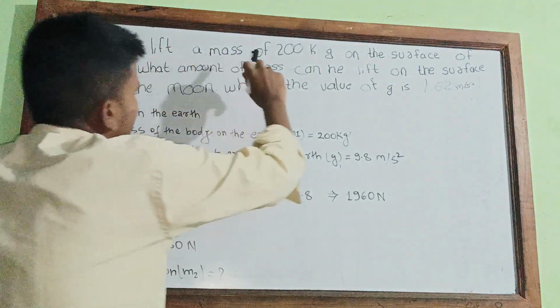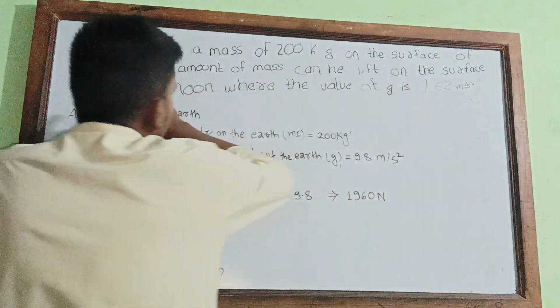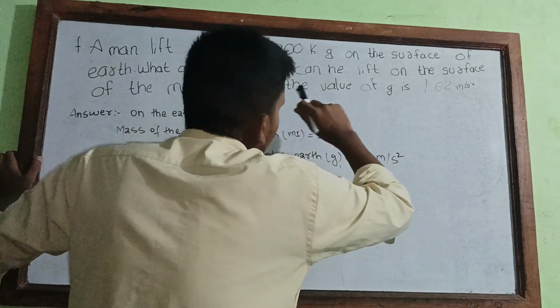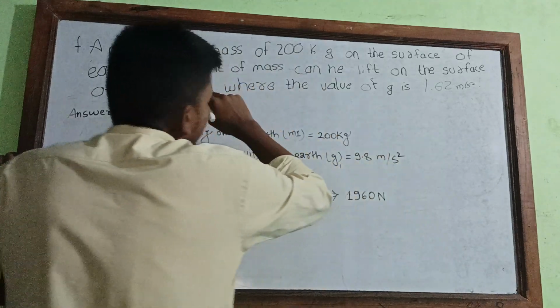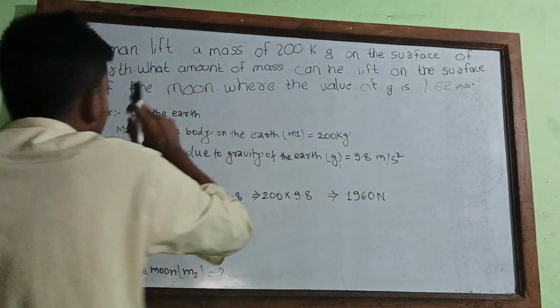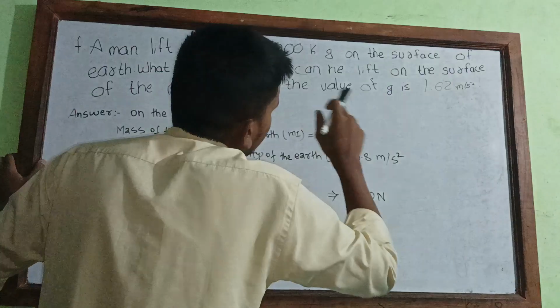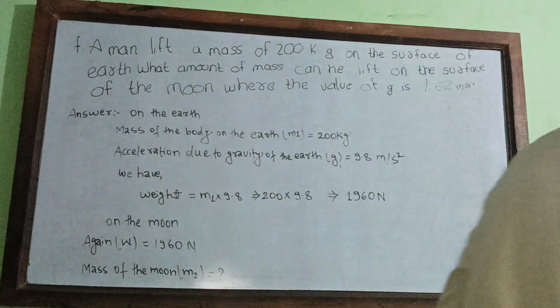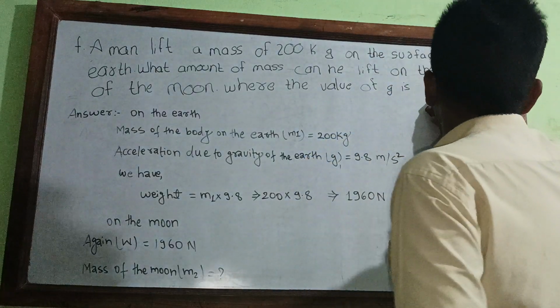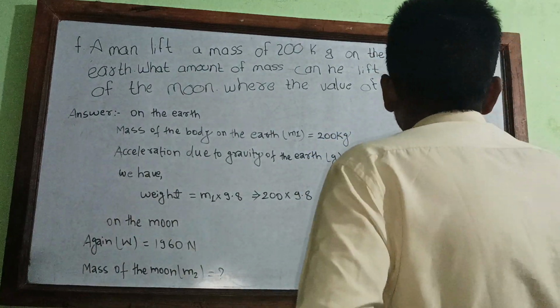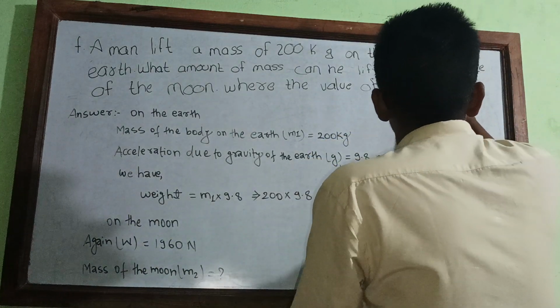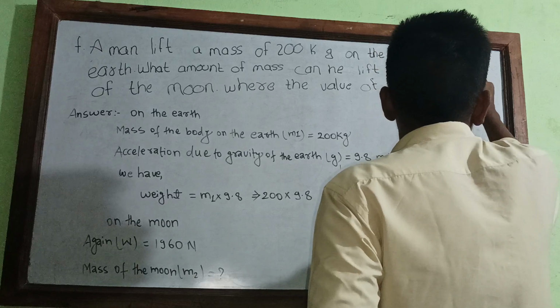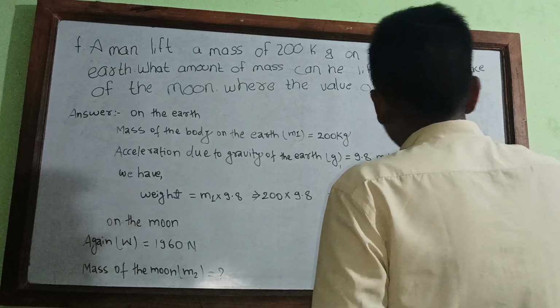A man can lift a mass of 200 kg on the surface of the earth. What amount of mass can be lifted on the surface of the moon, where the value of g is 1.62 meter per second square?